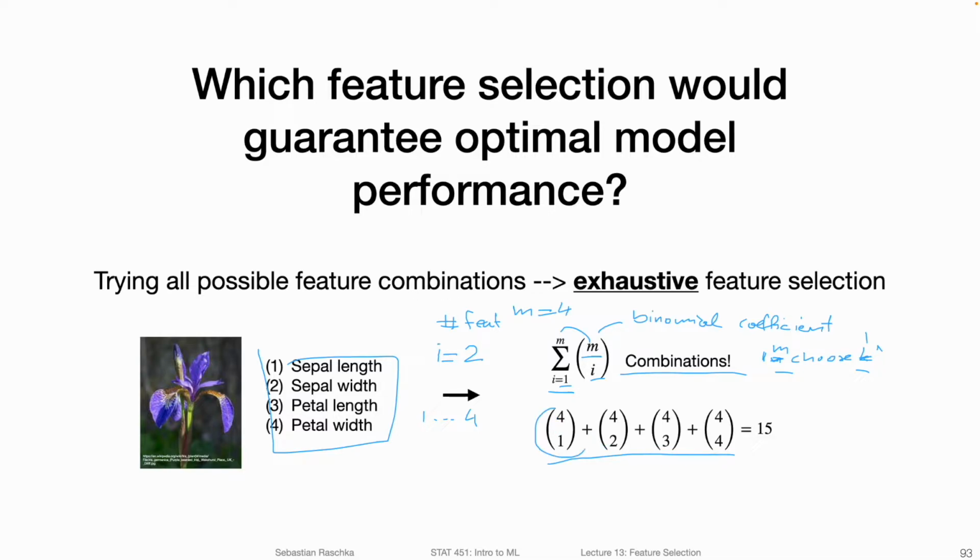When we only want to select 1 feature subset, we have 4 choose 1. Then if we want to select, let's say, two features as the subset, we have 4 choose 2 and so forth. And if I sum this up here, I get 15 as the number of possible combinations for different feature subsets using, let's say, the iris data set here as an example.